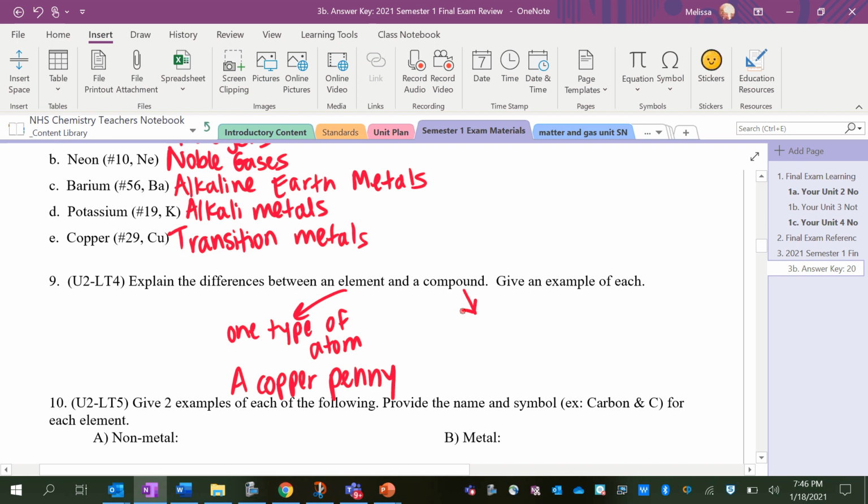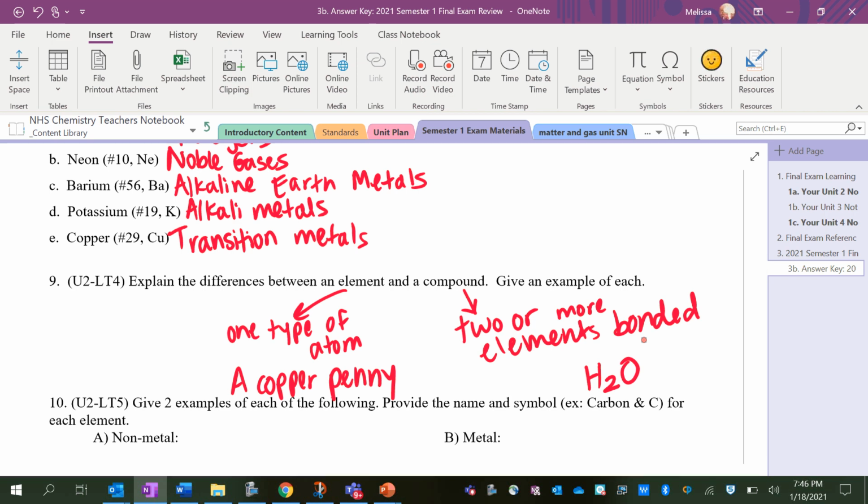A compound would be 2 or more elements bonded. So an example would be H2O. That's not on the periodic table. Water is not, because it's a combination of 2 elements.